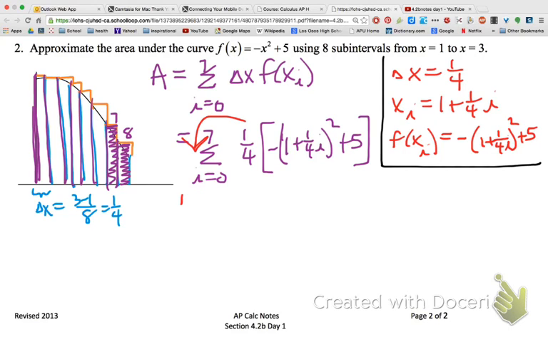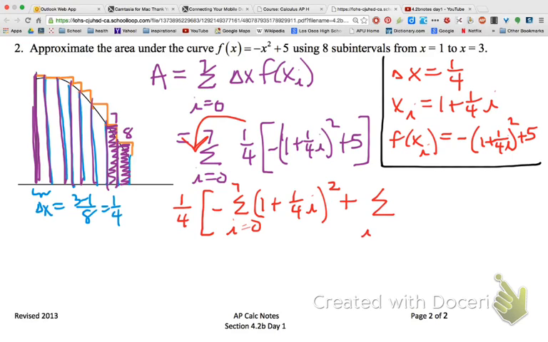And then I'm going to split them. Notice I pulled the negative to the front in the first piece. Notice the summation is the same. When I split it, they both go from 0 to 7. And so now I know the value for the last one.